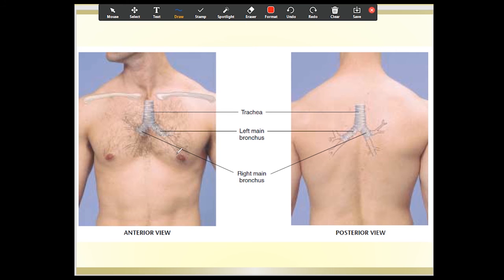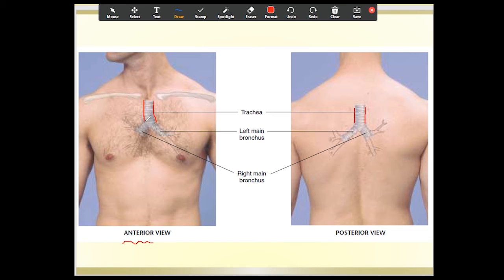And then another important part, the trachea. That's in the anterior. If we're looking from the posterior, it's still in the center. The trachea should be in the center, not go to the left side or right side.